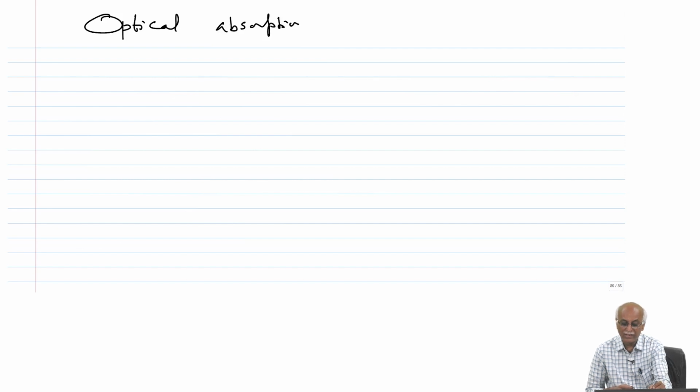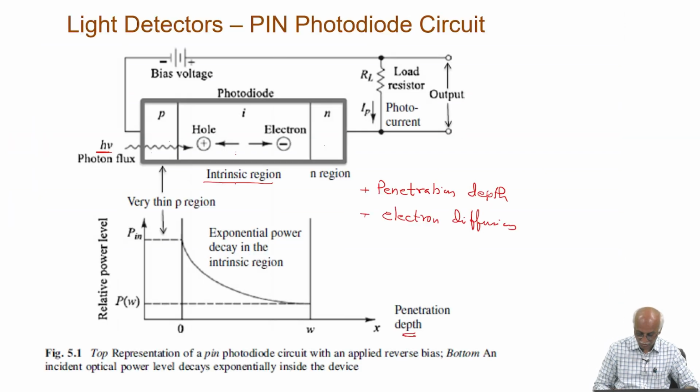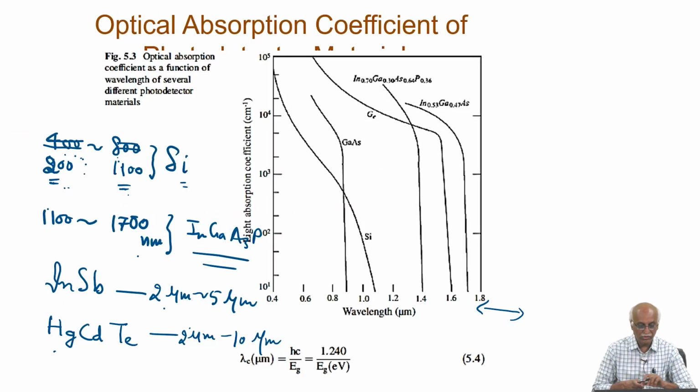The next factor is optical absorption. Basically, again it is based on the alpha value. Here the x axis is wavelength, and the y axis is the absorption coefficient. These materials, silicon, gallium arsenide, germanium, and indium gallium arsenide phosphide, are all semiconductor photodiodes.